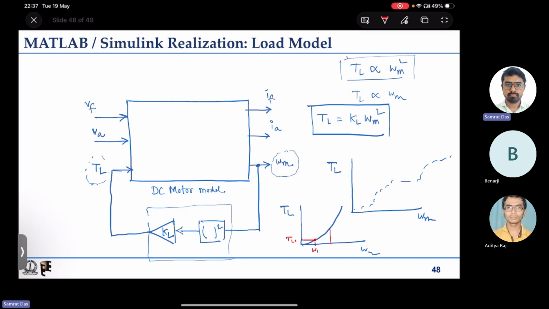But if you go to higher speed, it will demand a higher torque, TL2 for omega 2. So it tells you that for running the load at a certain speed, how much torque will be demanded out of the motors.